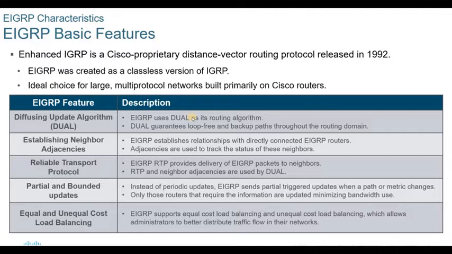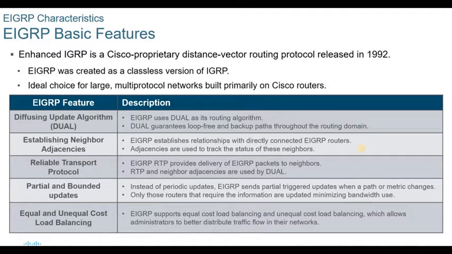Aside from that, EIGRP is also known to include features of both link state and distance vector routing protocols. Again, those terms were discussed in module 4: what is the difference between link state and distance vector routing protocols?